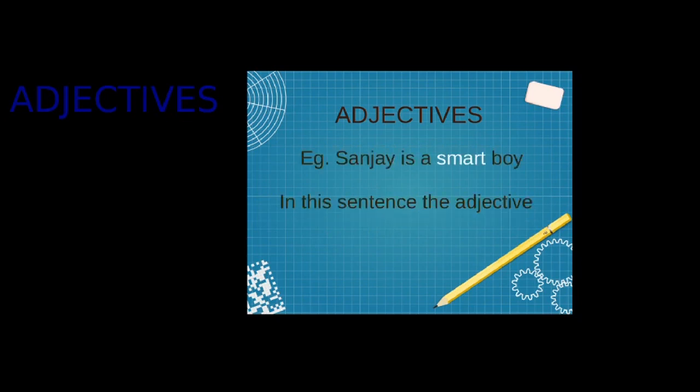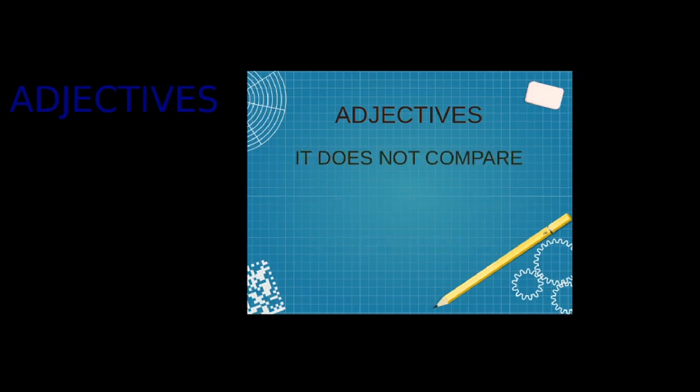So in this sentence, the adjective smart qualifies the noun boy. So it's giving additional information about boy. It does not compare the noun Sanjay to any other noun.